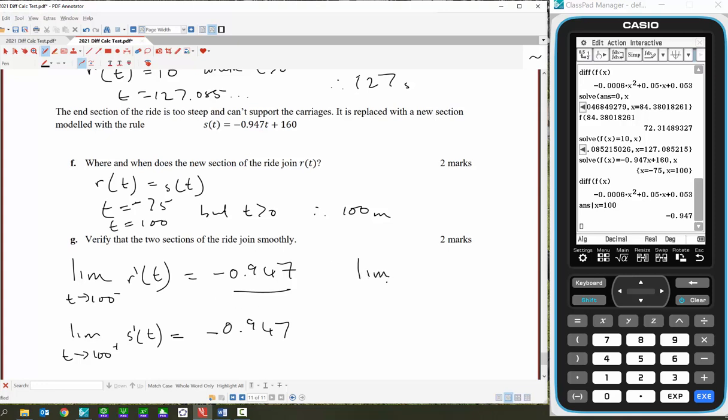So we're going to say the lim as t approaches 100 from the left of that is the same as the lim as t approaches 100 from the right. Therefore, smooth join.